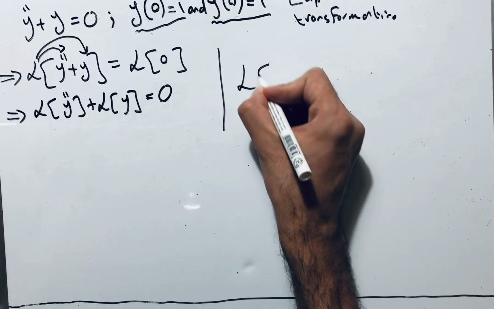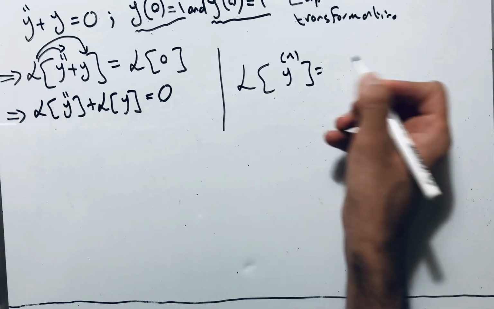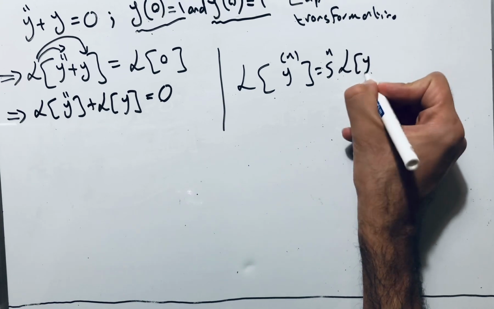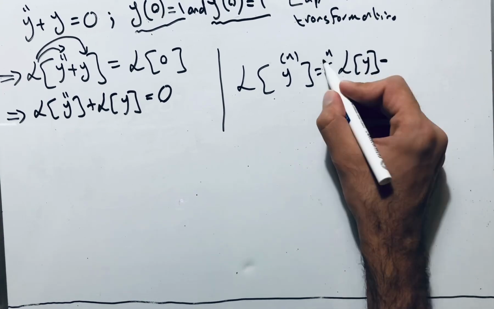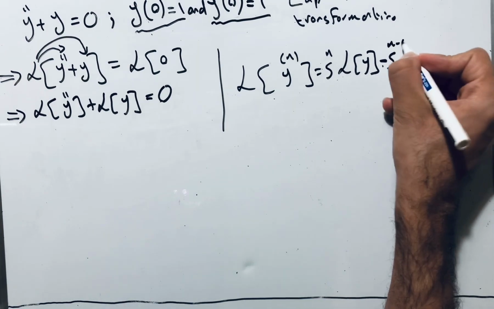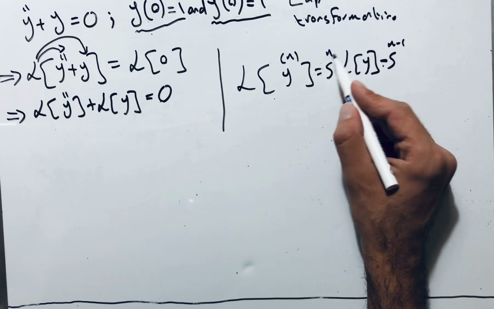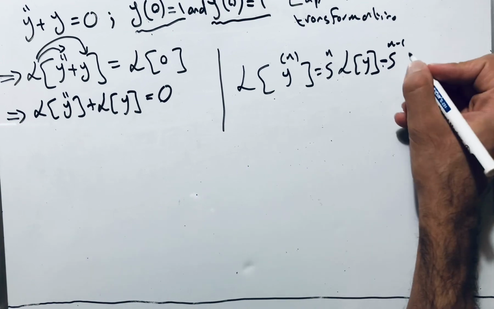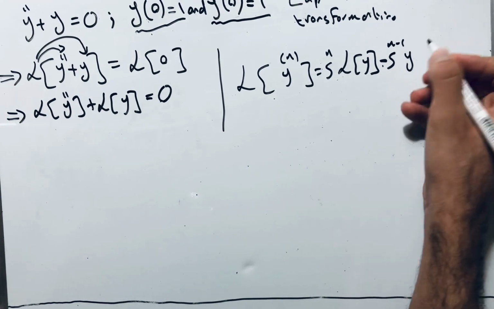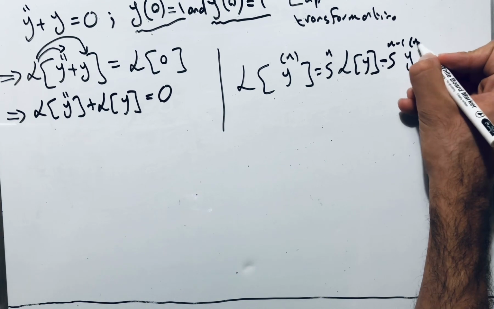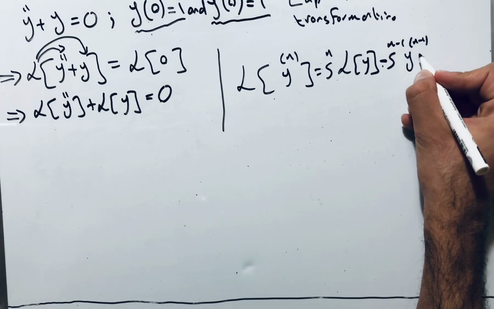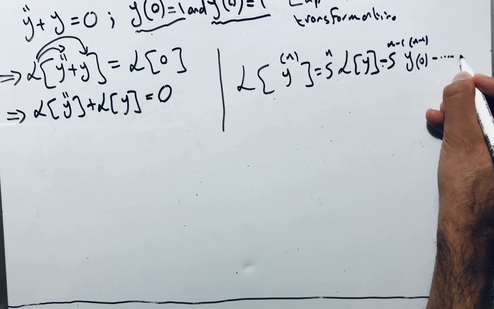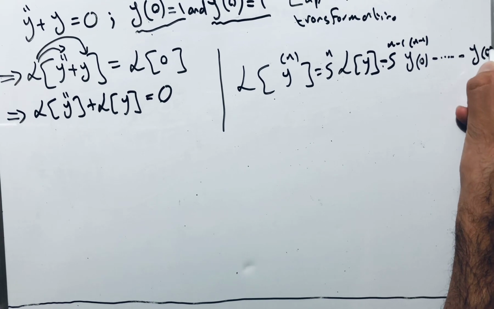The Laplace of the nth derivative of y becomes s to the power of n times the Laplace of y, then minus s to the power of n minus 1, so you see we get one less, times y to the n minus 1 of 0, and this continues, so every term decreases by 1 until you get lastly y at 0.